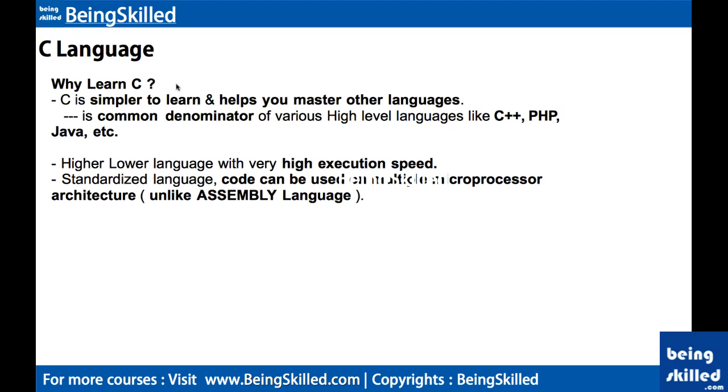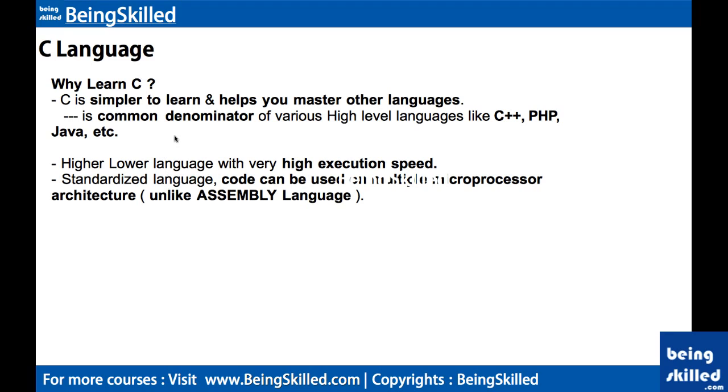Also, C is a standardized language, which means that the code can be executed on multiple microprocessor architectures. There are different families of microprocessors, and a family can have multiple, let's say 20, different processors, and any specific language will support only one family or members of that family.